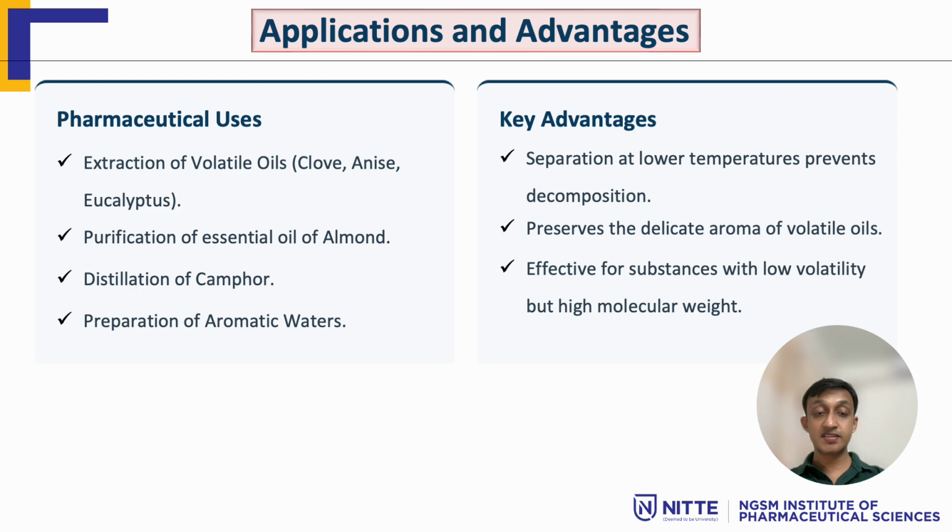The major advantages include lower operating temperature, preventing decomposition, preservation of aroma and therapeutic properties, and suitability for compounds with high molecular weight and low volatility. This makes steam distillation a highly valuable process in both pharmaceutical and cosmetic industries.